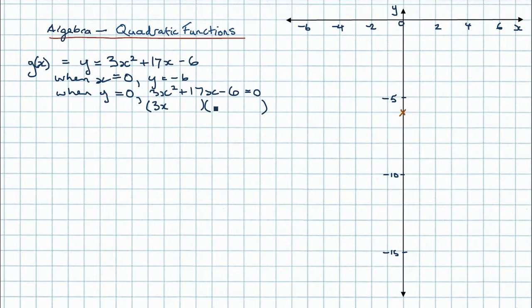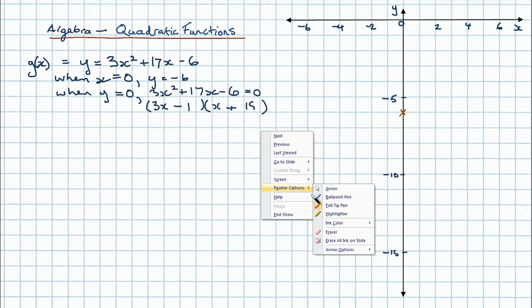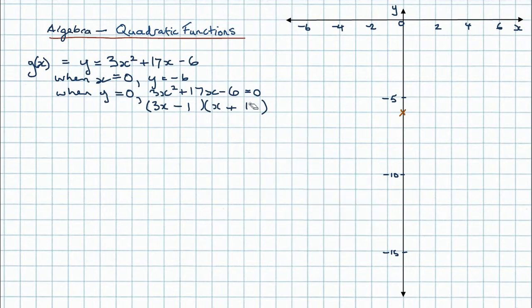You can just see what's going to happen. If I'm going to have 3x in that bracket, the x here, and I write minus 1 there, and plus 18 here, sorry, plus 6 here, equal to 0. You can see how this is going to work out.